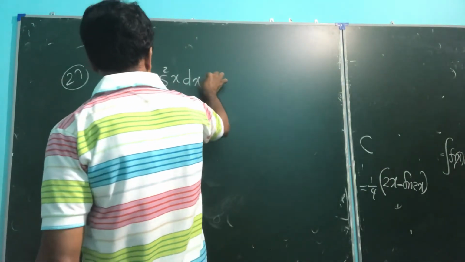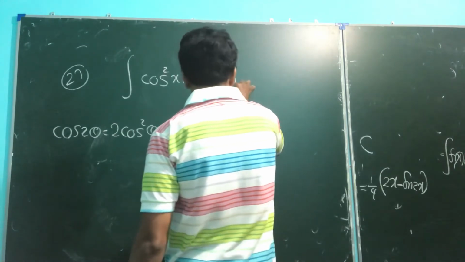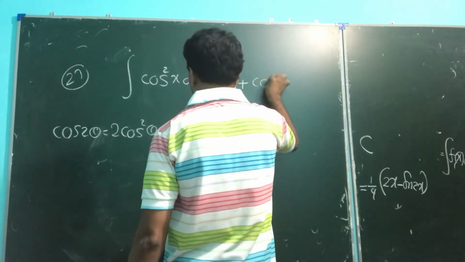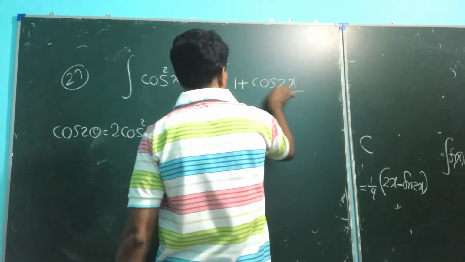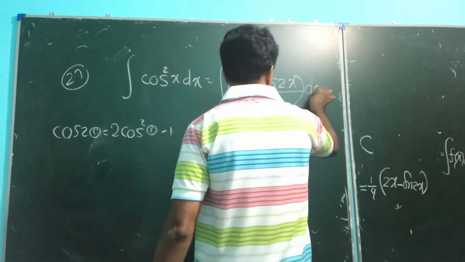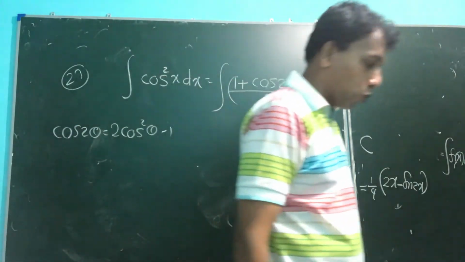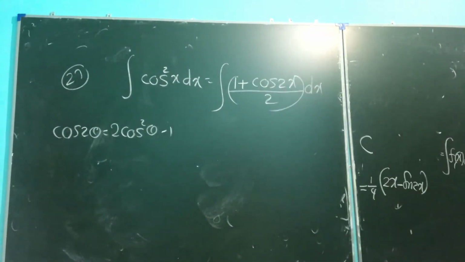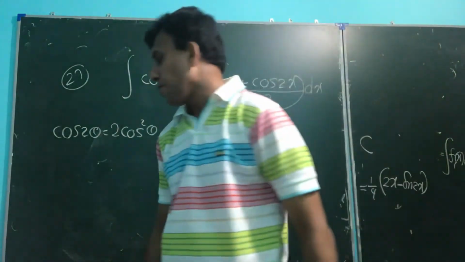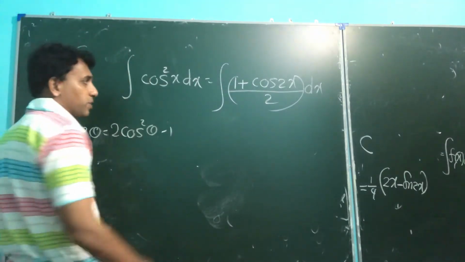So the integral of cos square x is (1 plus cos 2x) by 2 into dx. Cos 2 theta, 1 plus cos 2 theta over 2. Then take the answer, simple.